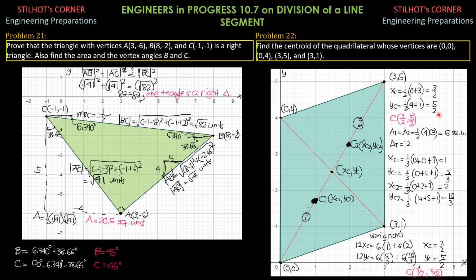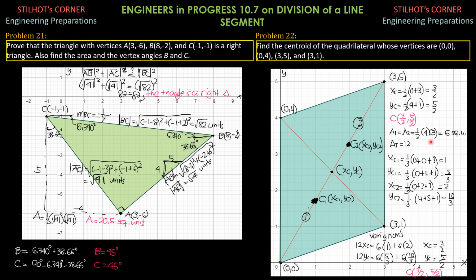The other way, the midpoint of this diagonal is also that centroid there. So 1/2 of 3 plus 0 is 3/2. Then 1/2 of 5 plus 0 is 5/2. So it's the same, 5/2.